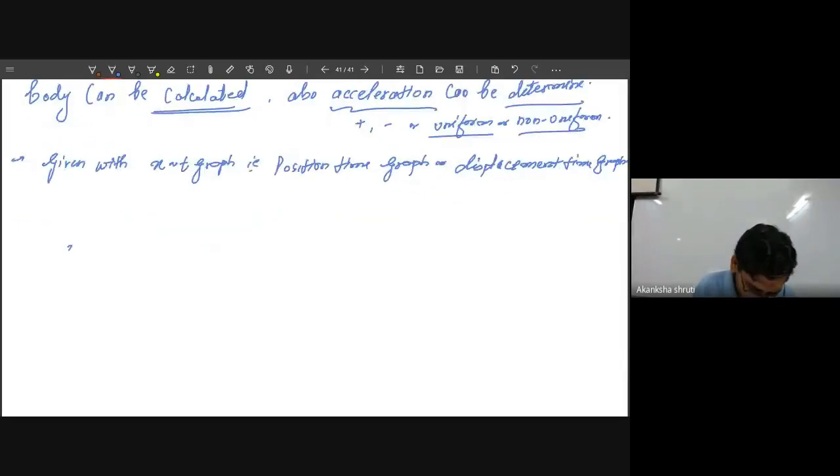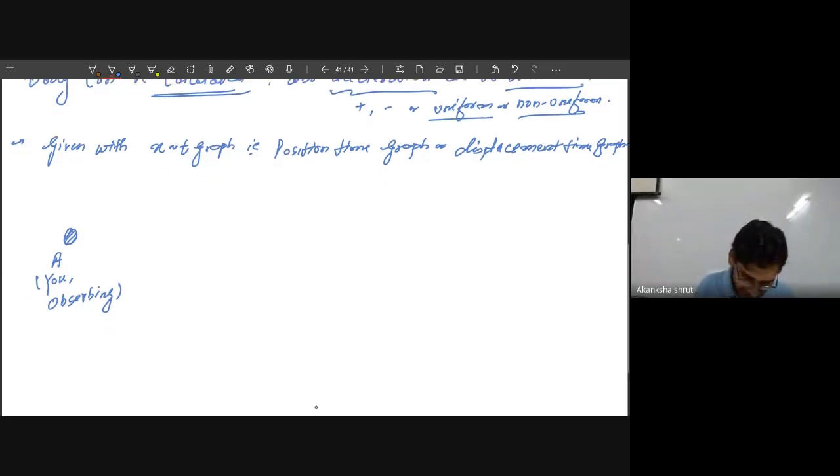If you are the observer, you are observing this body at a certain position and you are standing just closer to it. Okay, it is you who is observing. So this point from where the observation starts is called your origin.